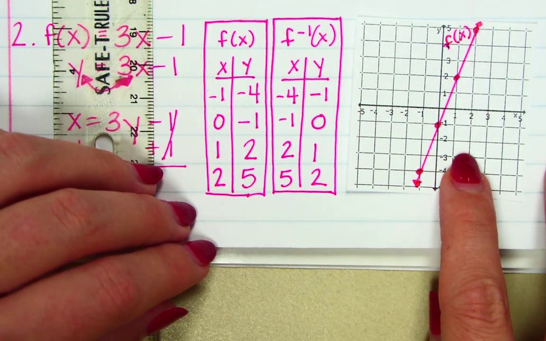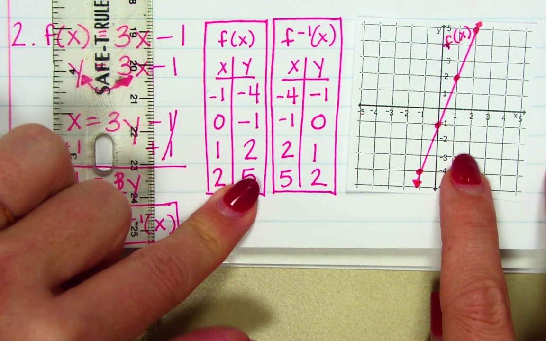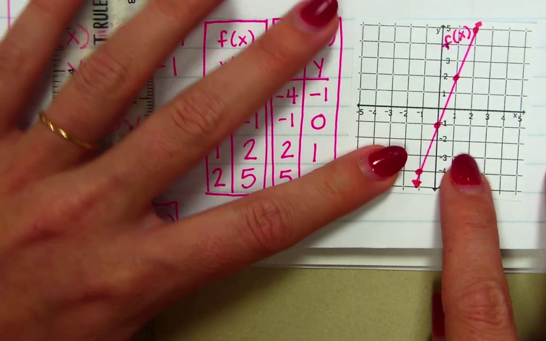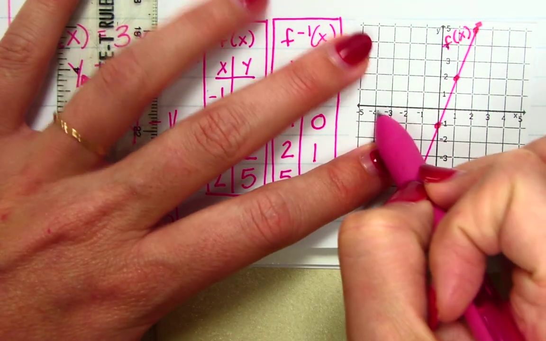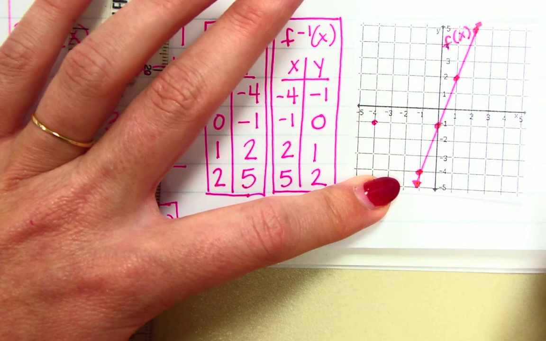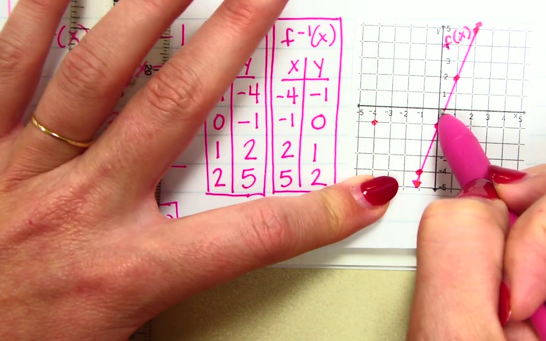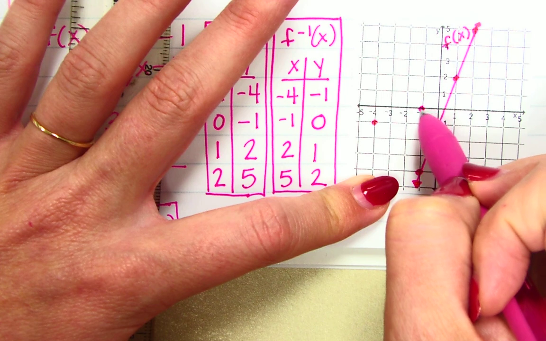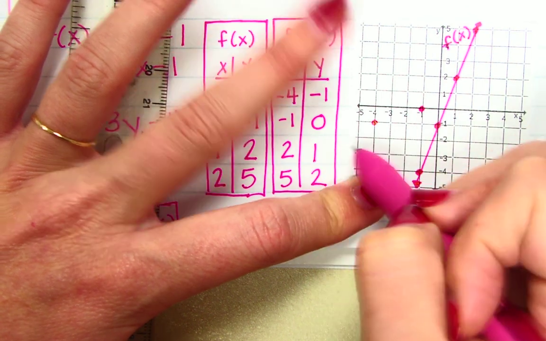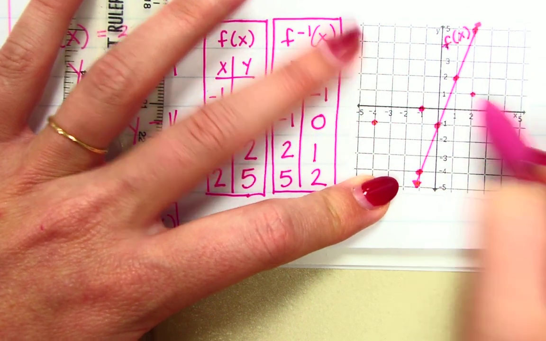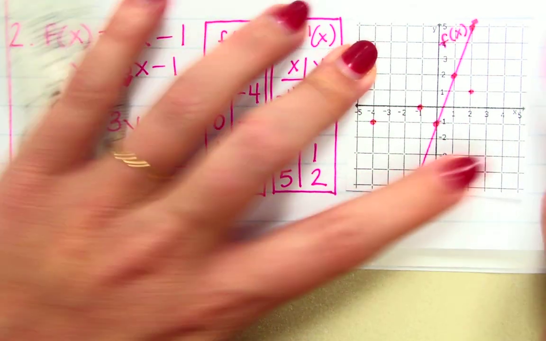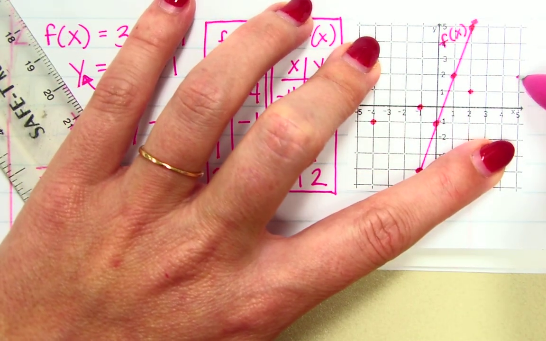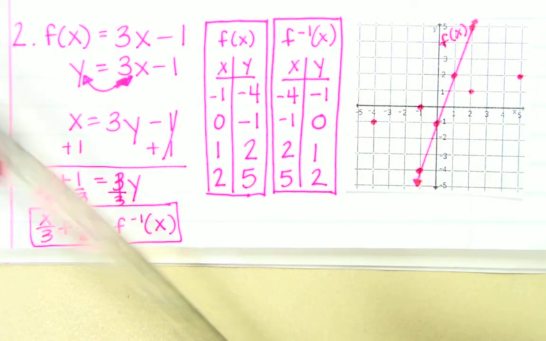Then I'm going to do the same thing with my second graph. My second table, I'm going to graph it: -4, -1, right there. Sorry, -1, 0, right there. 2, 1, right here. And 5, 2, right there.